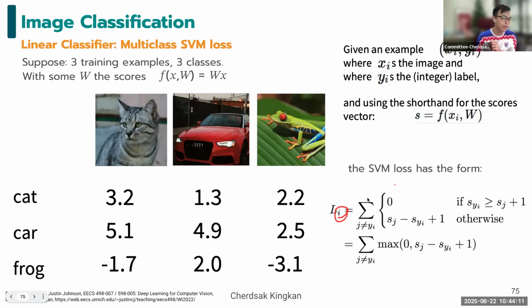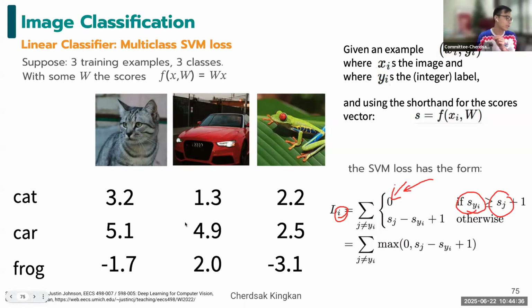The loss value for that example i will be equal to 0 if the score of the correct class is greater than the score of the other class plus 1. All right, so the loss value will be 0.